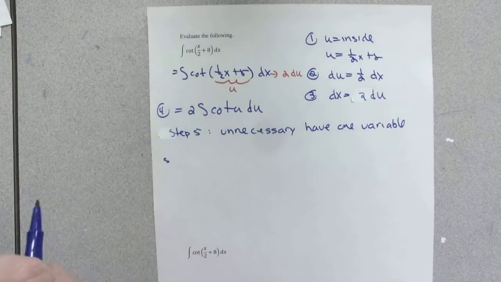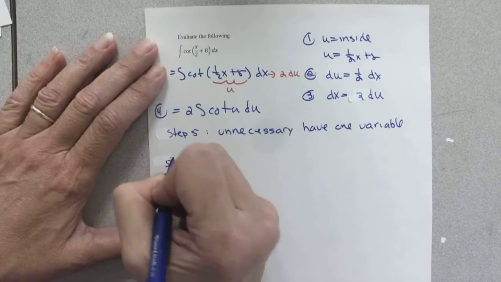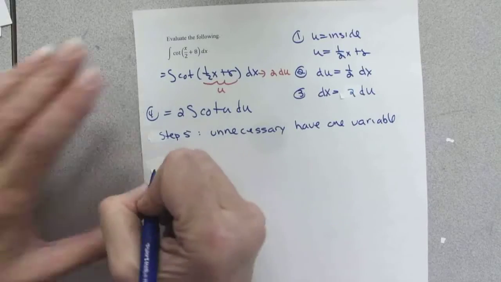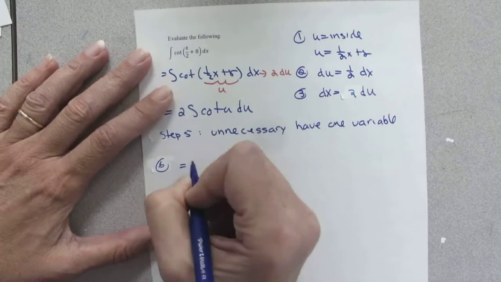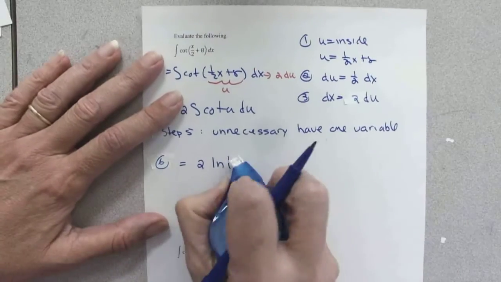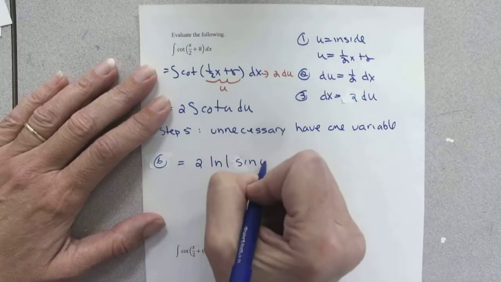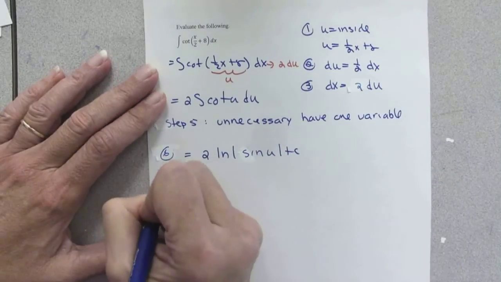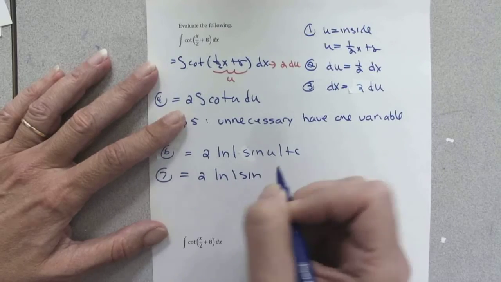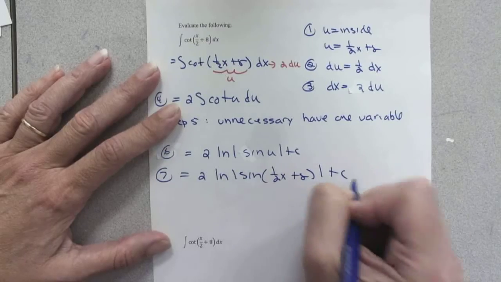So then you just memorize that the integral of cotangent is the natural log of the absolute value of sine, u in this case, and then back to the original variable, 2 times the natural log of the absolute value of sine of 1/2 x plus 8 plus c.